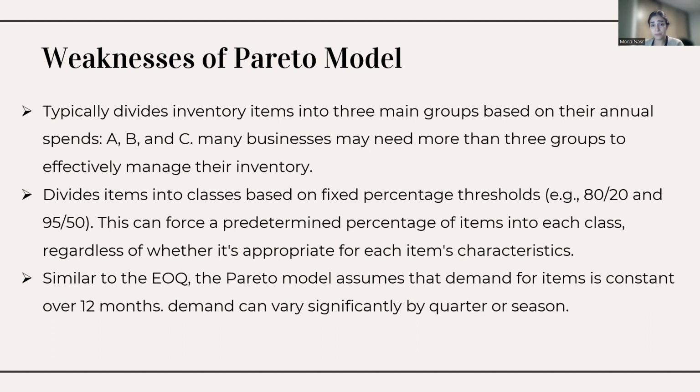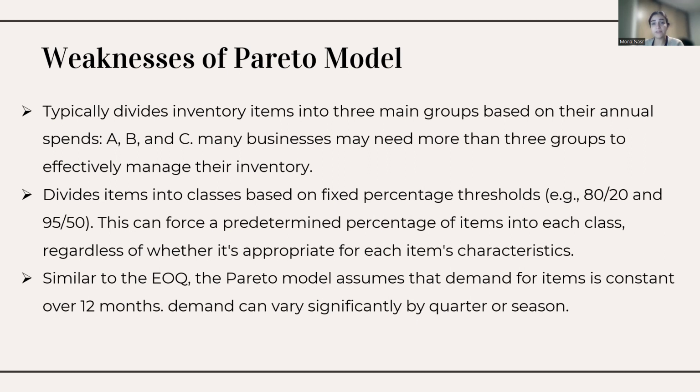The fixed percentage thresholds used in the Pareto model can be inflexible. Businesses may have unique needs and preferences that don't align with these percentages, making it challenging to tailor the classification to their specific requirements. Pareto's emphasis on the important few and the low-value many can lead to overgeneralization.